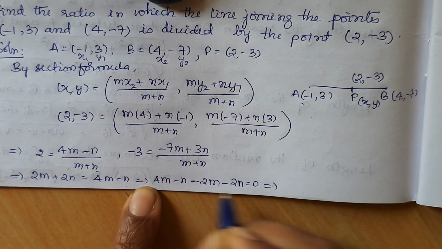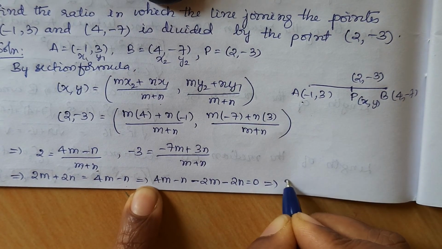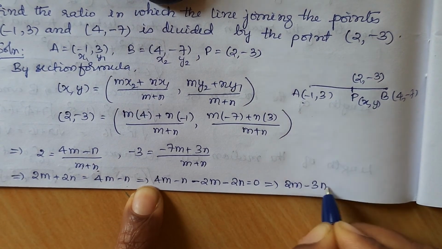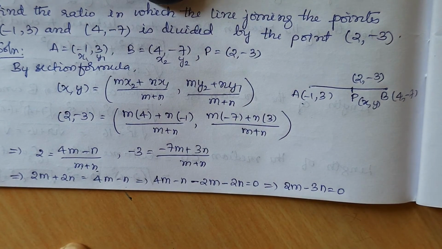This implies 4m - 2m is 2m, and 2n + n is 3n, so 2m - 3n = 0.